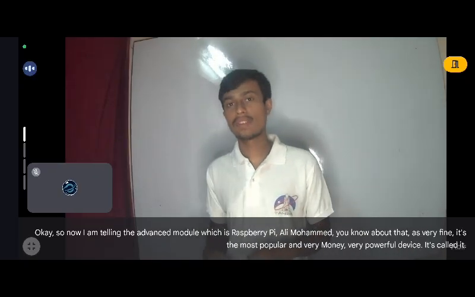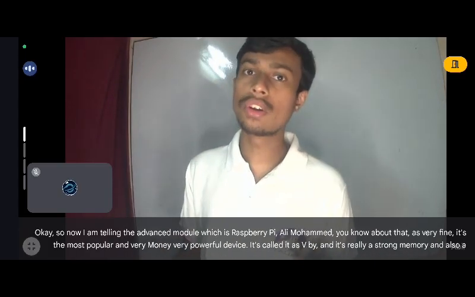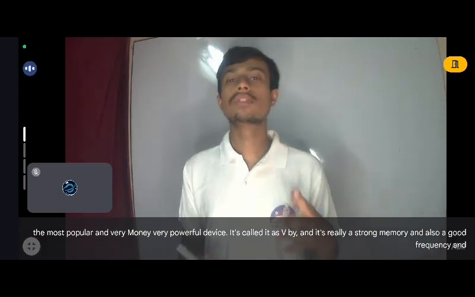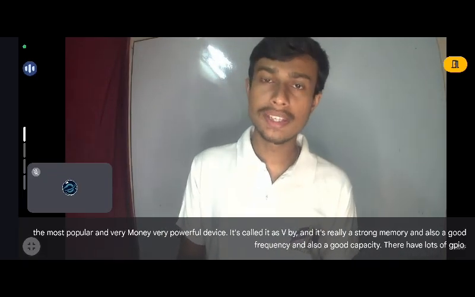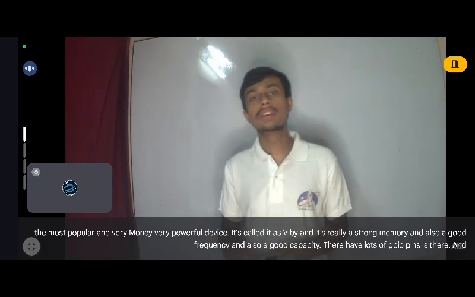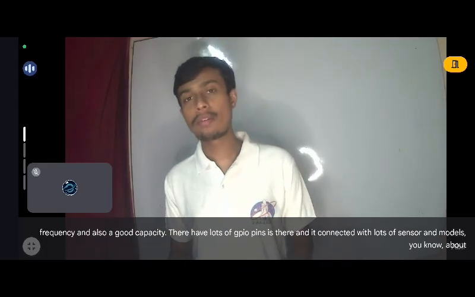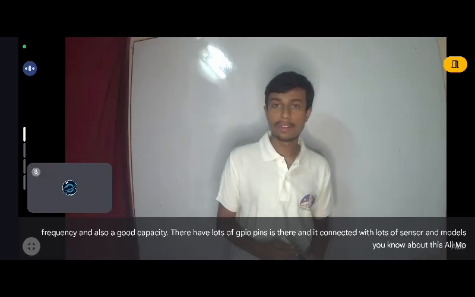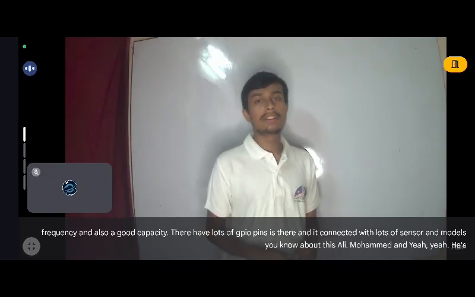It has strong memory, a good frequency and a good capacity. There are lots of GPIO pins, and it connects with lots of sensors and modules. You know about this, Ali Muhammad? Yes, it's really great.